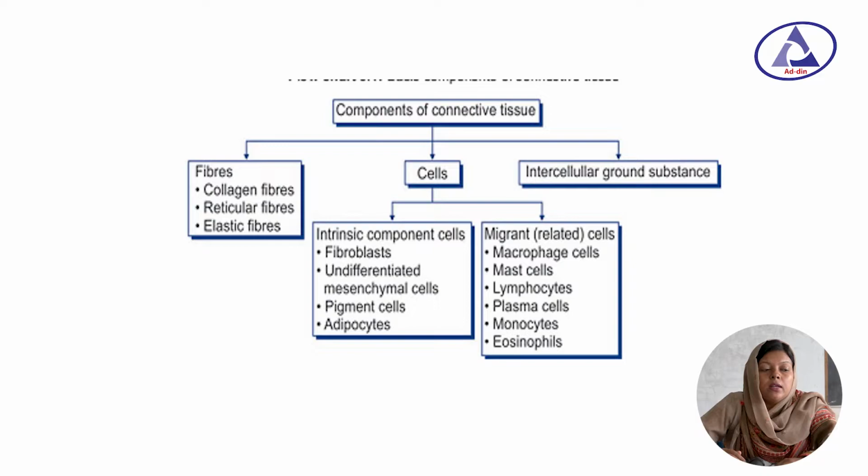I repeat again, the intrinsic or permanent cells are fibroblast, undifferentiated cell, pigment cell and adipocyte. And the migrating or transient cells are the macrophage, mast cell, lymphocyte, plasma cell, monocyte and eosinophil. And the other component is the intercellular ground substance.